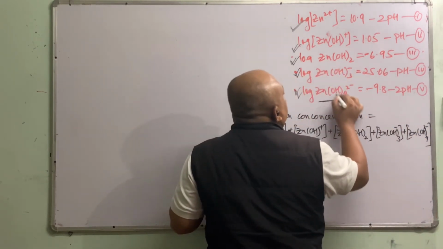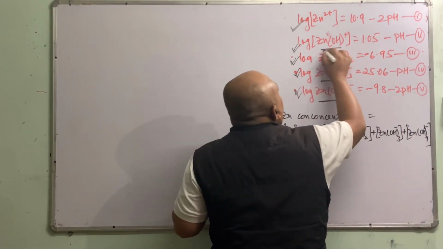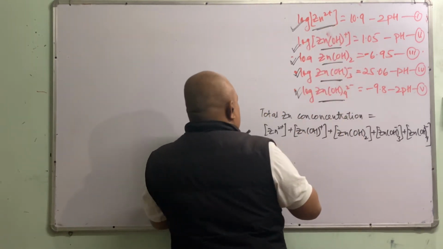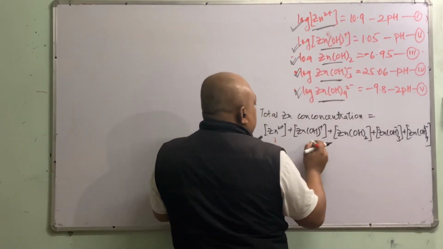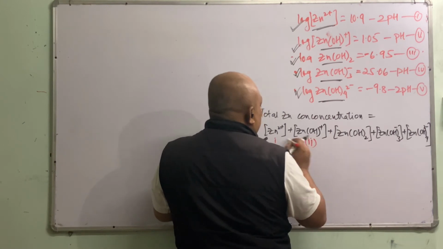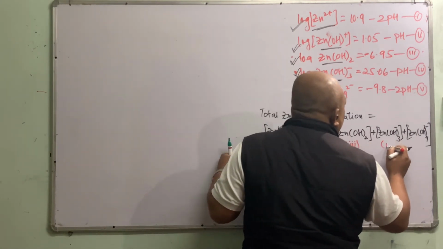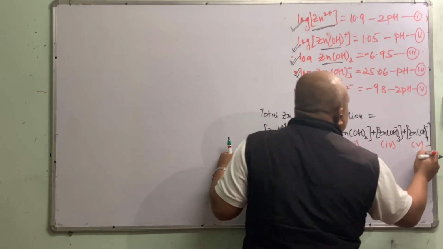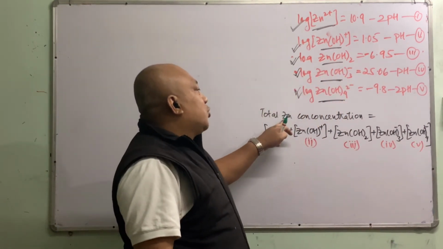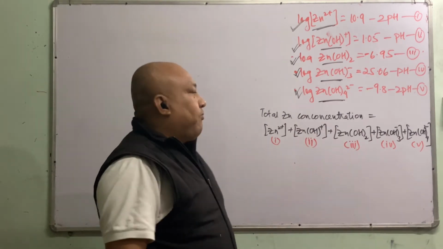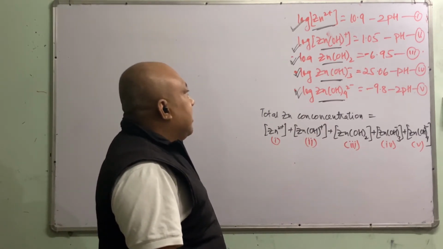So 1, 2, 3, 4, and 5. These 5 species are going to give the total zinc concentration. Is it clear?